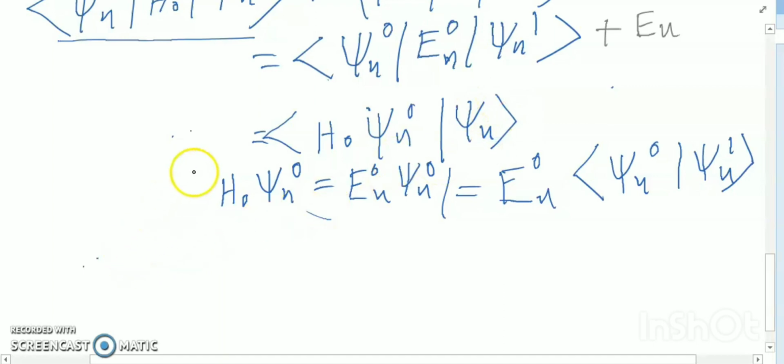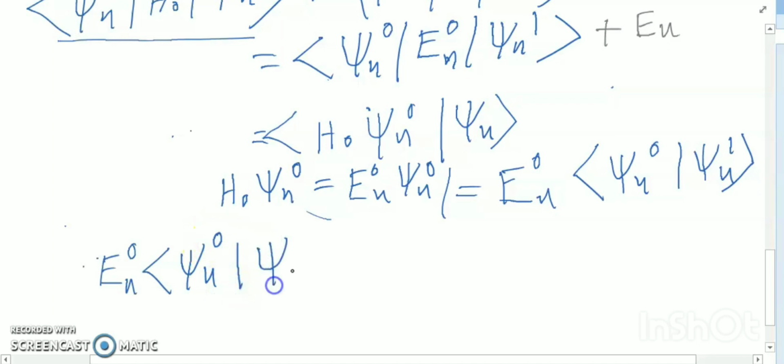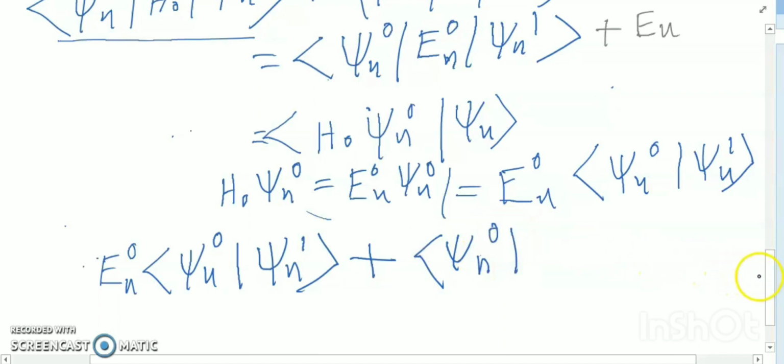Now I can write E n0 psi n0 psi n1 plus psi n0 H bar psi n0.